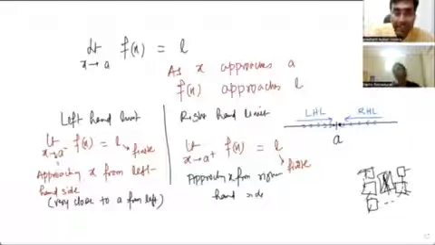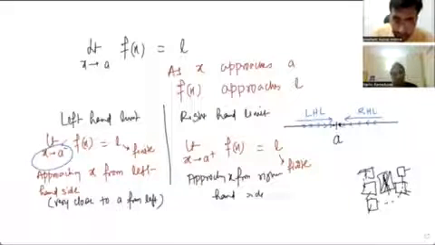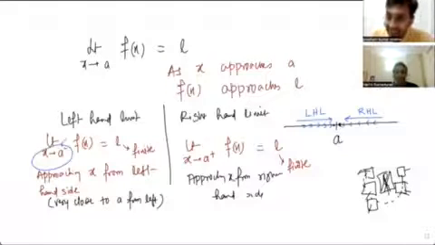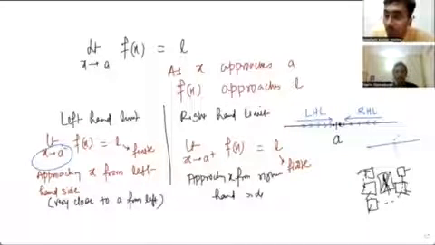See, if we are writing x tends to a minus, that doesn't mean negative. That doesn't mean a negative sign. That means we are coming from the left hand side. Let's say I'm talking about the point 2.